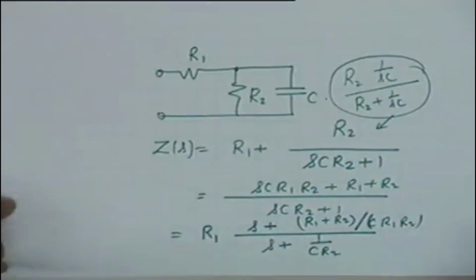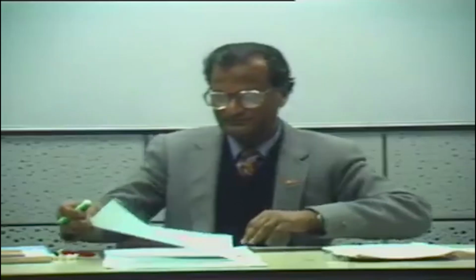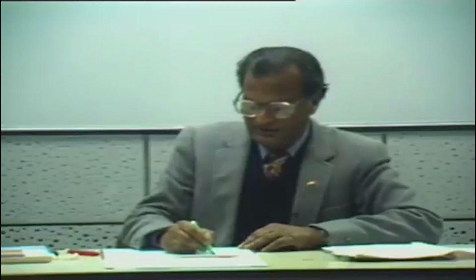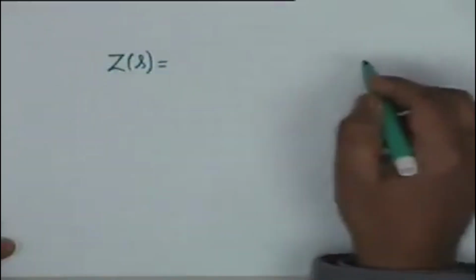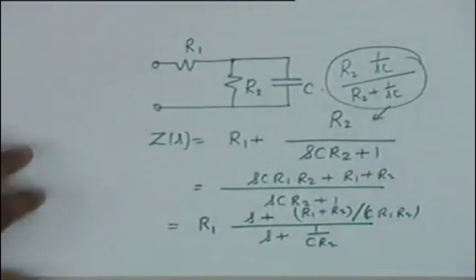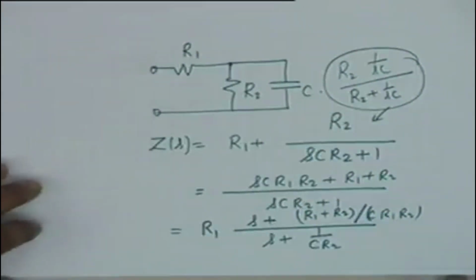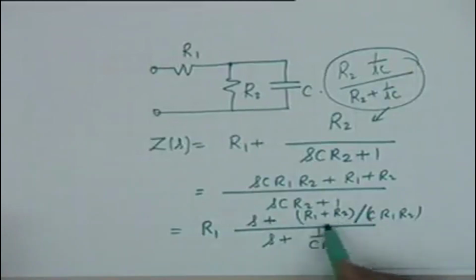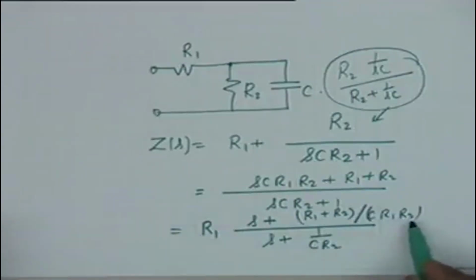Alright, we can write this in a more elegant form. Yes. You couldn't see the previous one? Okay. S plus R1 plus R2 divided by CR1 R2 and S plus 1 by CR2.